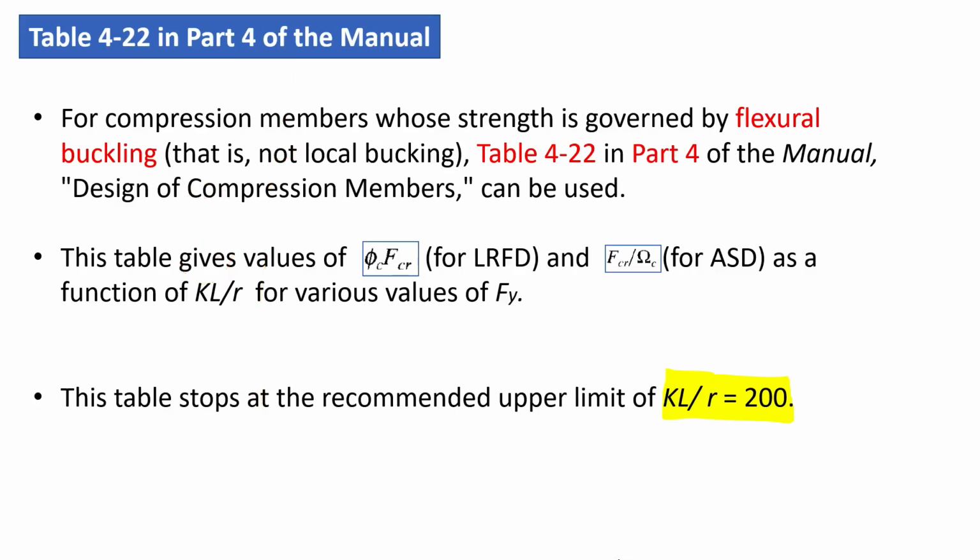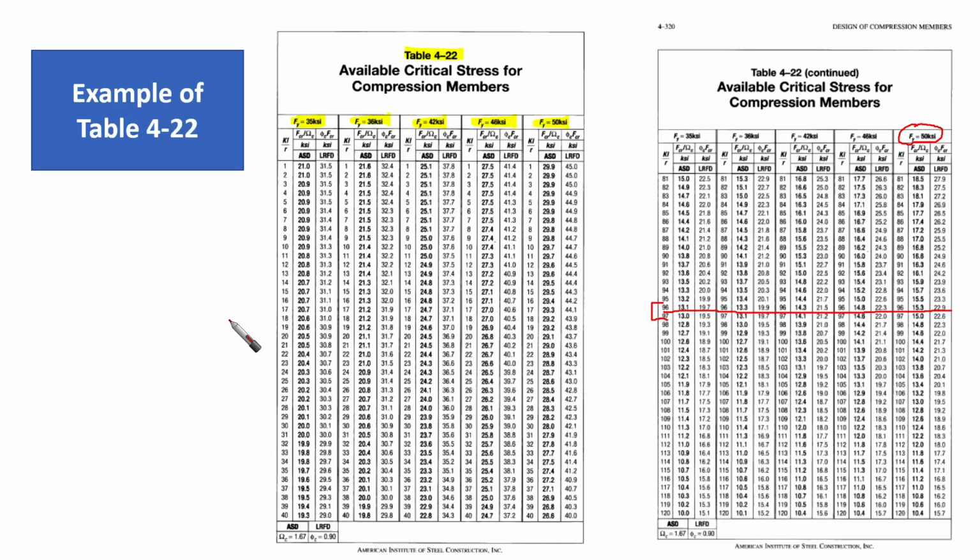This table is very useful whenever we want to find the flexural buckling strength of the element, knowing its KL over r, the effective slenderness ratio. We're going to find that here in the first column.